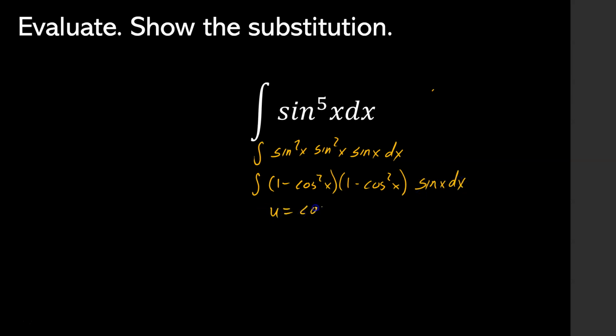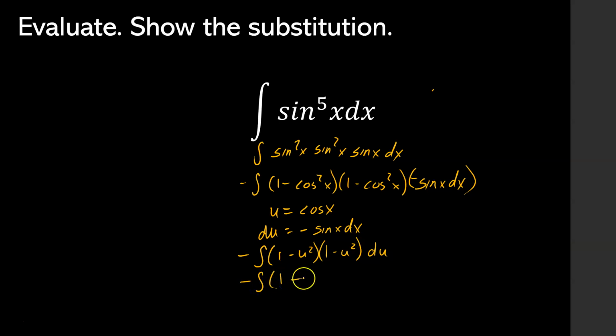So u is cosine of x. du is negative sine of x dx. Let's toss a negative in here and a negative out front. We'll have negative 1 minus u squared times another 1 minus u squared times a du. I'm not going to finish everything, but I'll give you a hint. 1 minus 2u squared plus u to the 4th, I think you can finish from there.